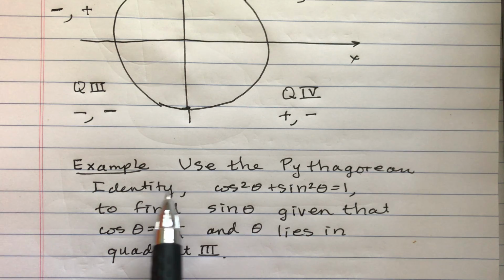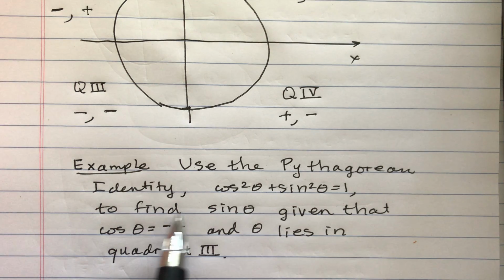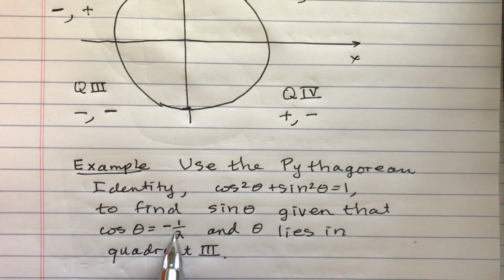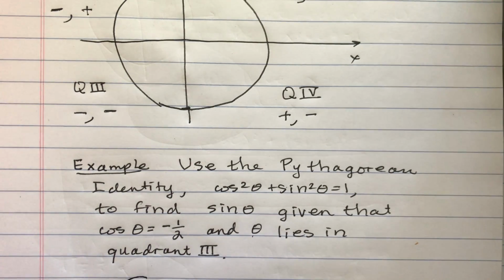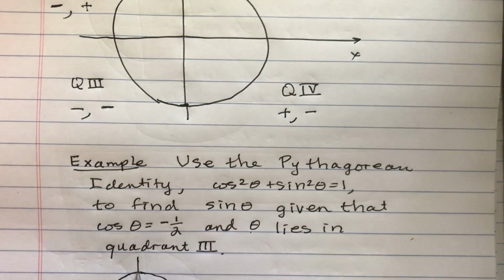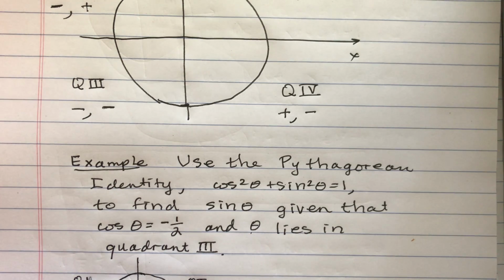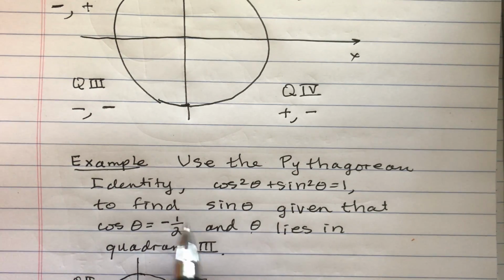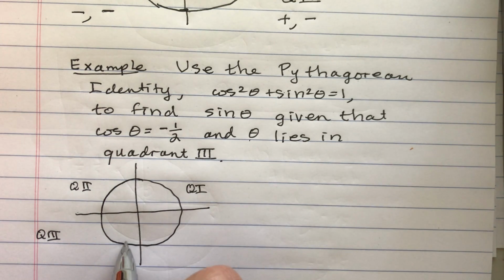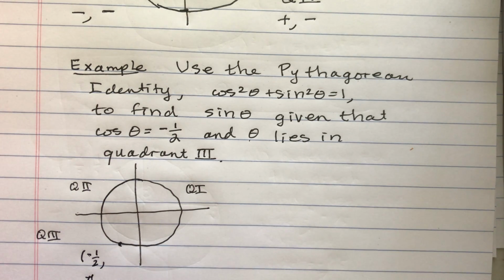Okay, use the Pythagorean identity. The Pythagorean identity is cosine squared theta plus sine squared theta equals 1. And what we're going to find is sine theta, given that cosine theta is negative 1/2 and theta lies in quadrant 3. So first of all, I'm going to draw a little picture here and label Q1, Q2, Q3. Cosine is the X coordinate, so the X coordinate is negative 1/2.